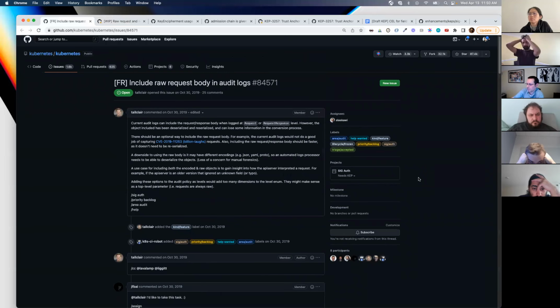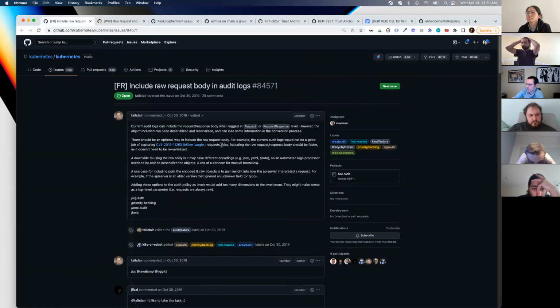So catching that sort of bad actor request. Also for debugging, being able to identify when someone's attempting to set a field that is not recognized by the API server, since it just drops unknown fields. You could potentially do that by recording both the raw request and the parsed request. I think those were the main two motivations.